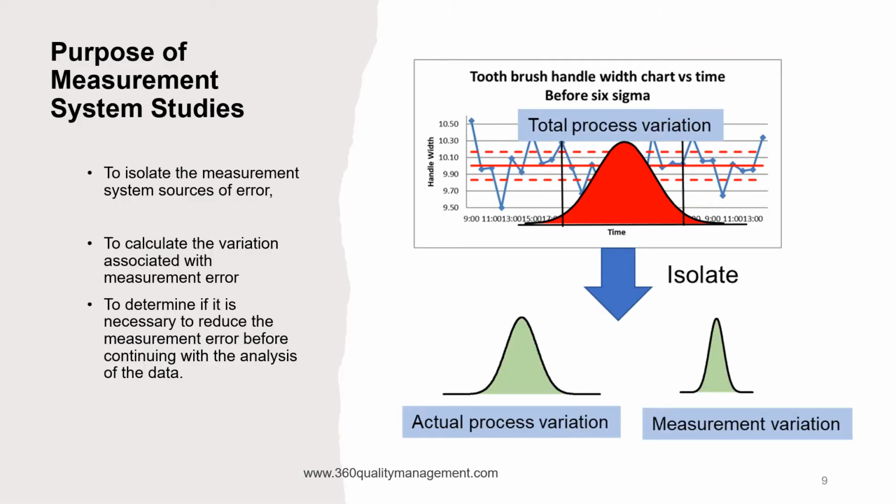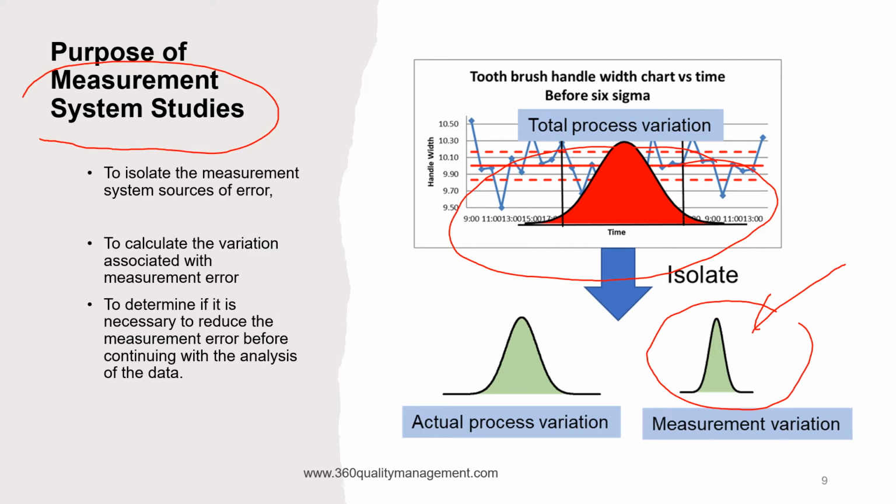How do we calculate the measurement error in our process? The purpose of measurement system studies is to isolate the measurement system error, known as measurement variation, from the total variation which we observe from the data that we collected.